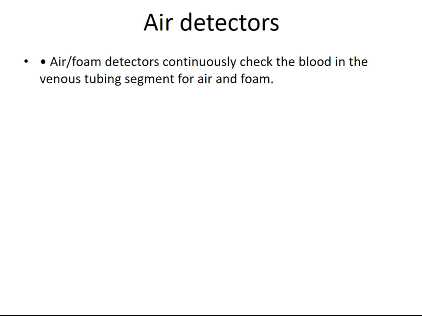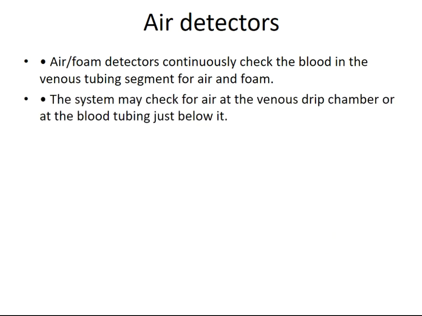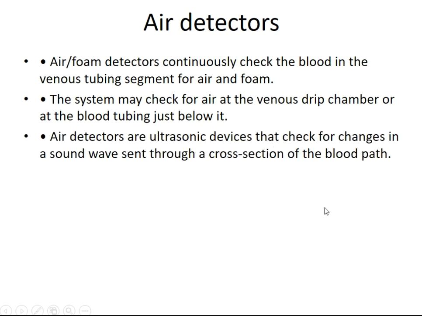Air detectors. Air or foam detectors continuously check the blood in the venous tubing system for air and foam. The system can check for air at the venous drip chamber or at the blood tubing just below it. Air detectors are ultrasonic devices that check for changes in a sound wave sent through a cross-section of the blood path.